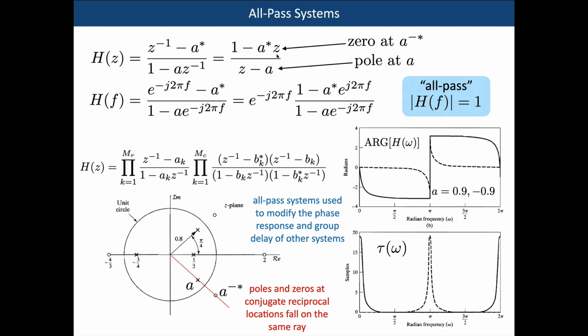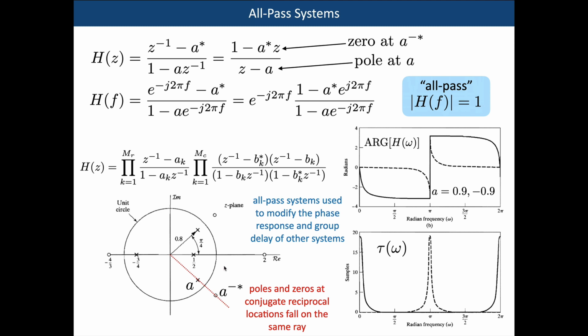You can see that we have a 0 at A inverse conjugate, and then there's a pole at A in the complex plane. And the thing that I want to point out here is we call this a conjugate reciprocal pair of poles and zeros. So we're going to refer to this as a conjugate reciprocal pole zero location.